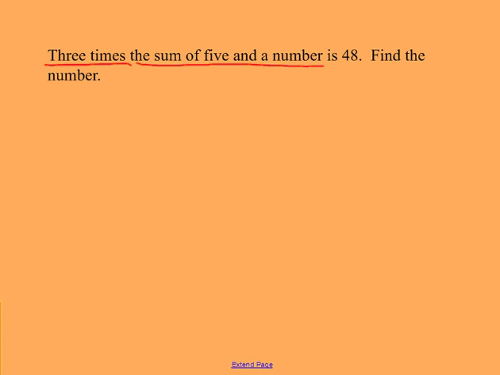All right, so we're 3 times the sum of 5 and a number. We don't know the number, so we call it x. Is, for equals, 48.